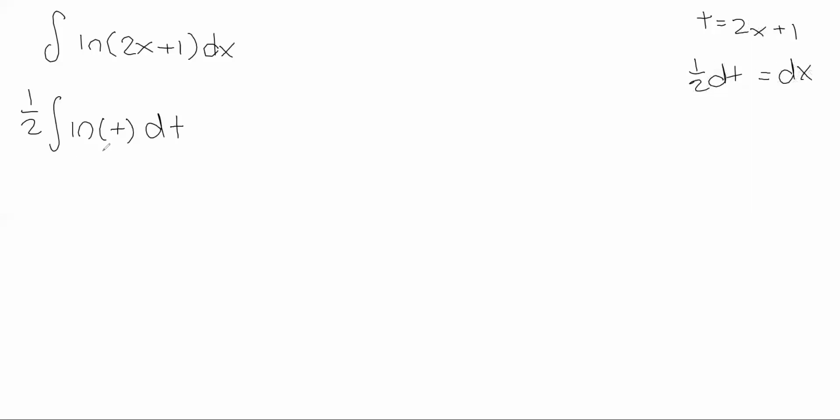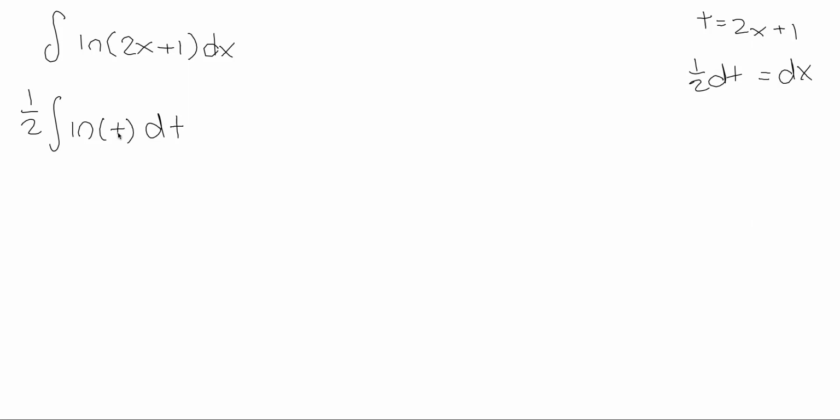So we're going to decide what should be u and what should be dv. As we remember from when we first learned very basic integration by parts, it's never a good idea to have the natural log function be dv. We always want the natural log function to be u. So we're going to set natural log of t to be u, which means that whatever is left, this dt, is going to have to be dv.